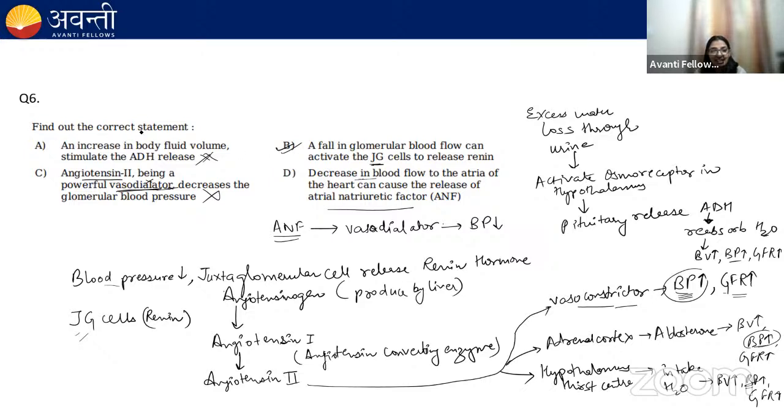And the question is asking to find out the correct statement. So the correct statement is B, that a fall in glomerular blood flow can activate the JG cells to release renin.